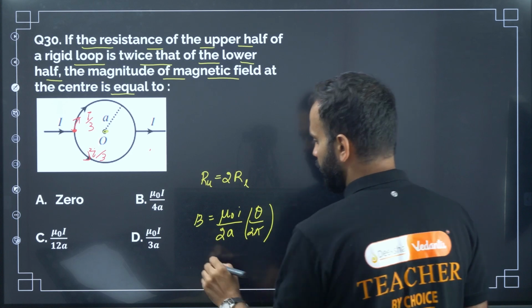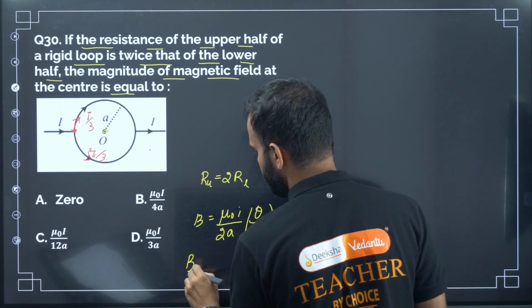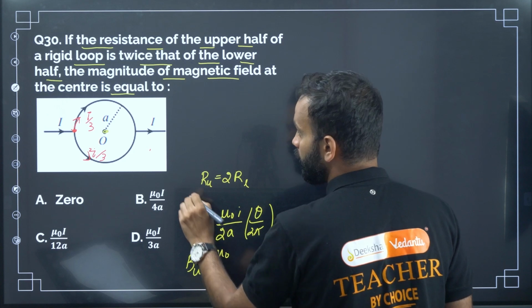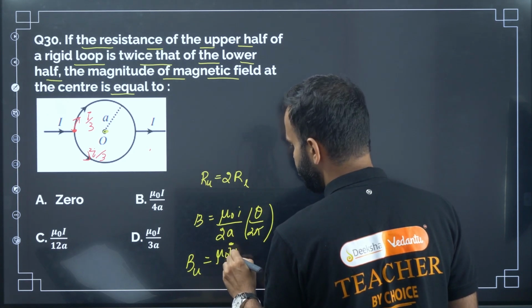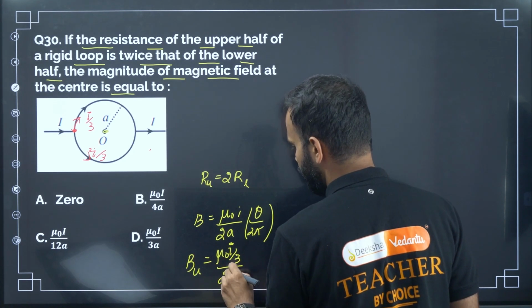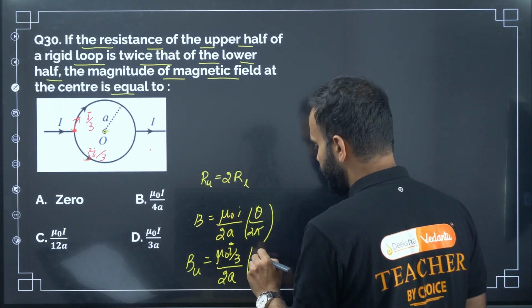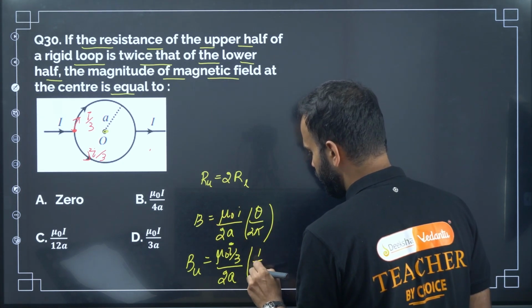Due to the upper half, the magnetic field Bu is equal to mu naught into I by 3 divided by 2A into theta, which is pi. Pi divided by 2 pi is 1 by 2.